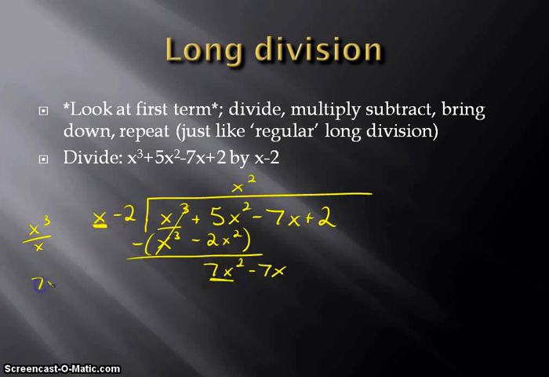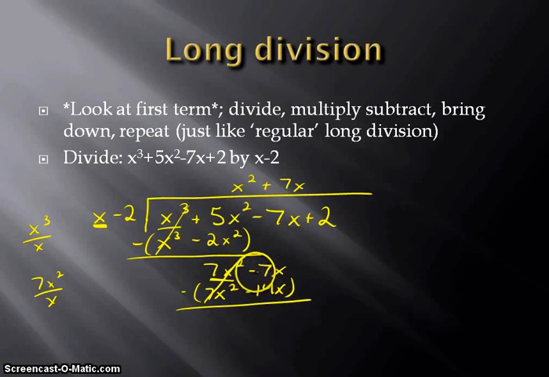So 7x squared divided by x is plus 7x. We'll multiply. So we have 7x squared minus 14x. We're subtracting all of this. 7x squared minus 7x squared is 0. Negative 7x minus negative 14x is positive 7x plus 2.